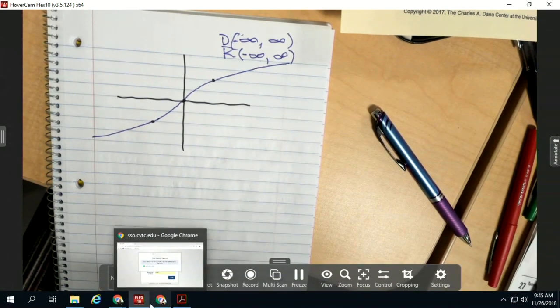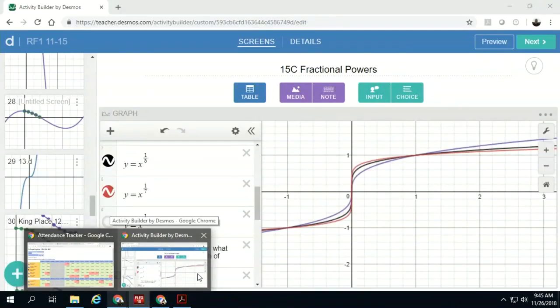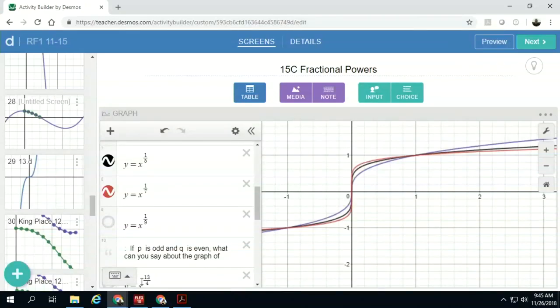Then, I forgot who was second. Purple or... No, it couldn't have been purple. X to the 1/5 is black. Ooh, I didn't write that one down. This is x to the 1/3. Now I'm going to do x to the 1/5.